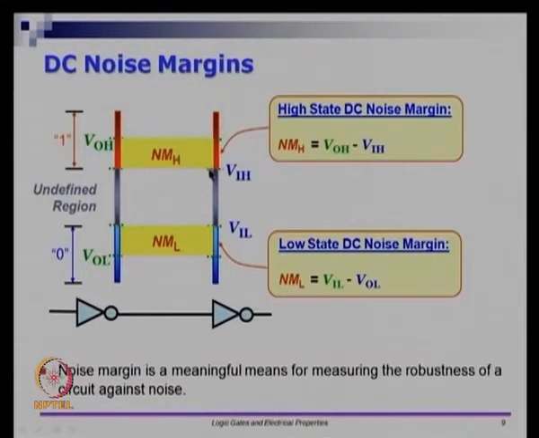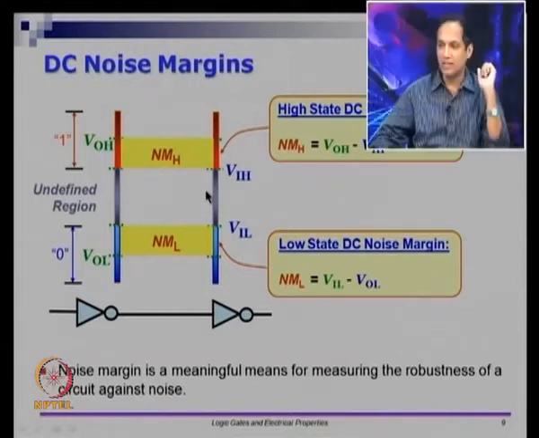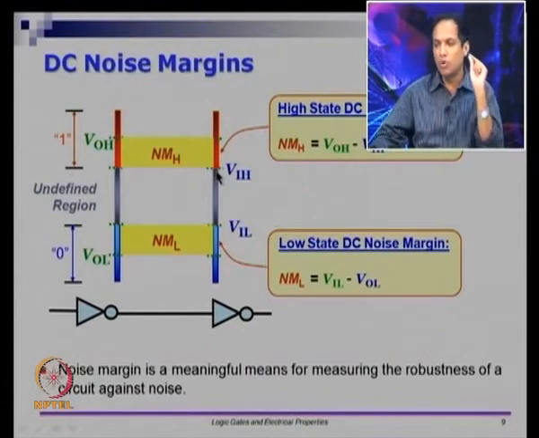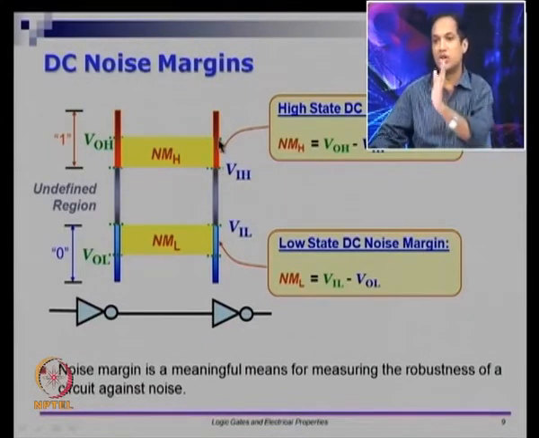So if I have a noise margin that is very high, let us say NMH is high, what that means is, first of all, let us assume that it is positive. If it is positive, then VOH is above VIH, something like this, and if NMH is wide, let us say the yellow band that you see is wider, then it is able to tolerate even a poor 1 coming in as input, but its output is going to be a clear 1.